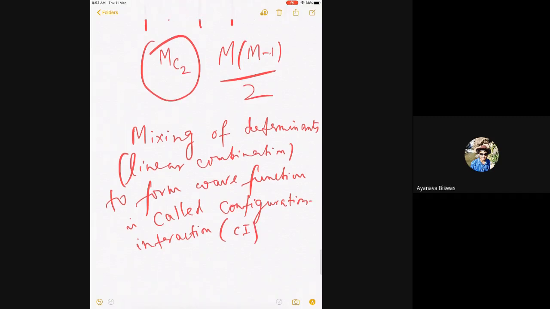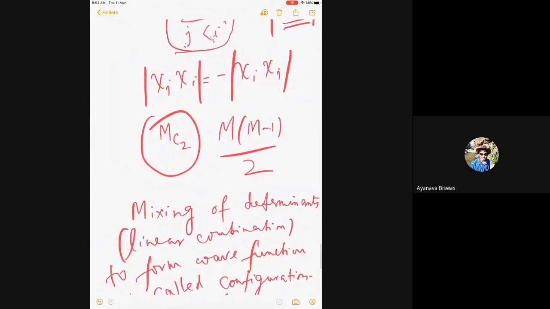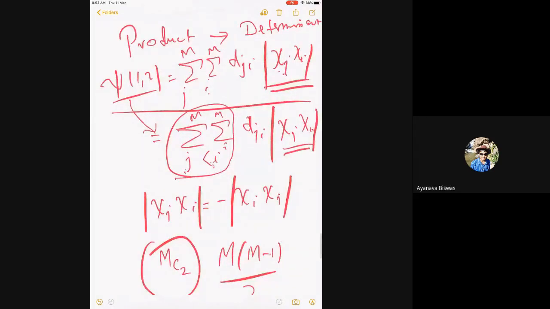So you can see that the wave function truly is a linear combination of many determinants. So this is the interaction. What is configuration? Configurations are determinants. They are interacting with each other to form the wave function. If I take all m-dimensional bases, it is exact.